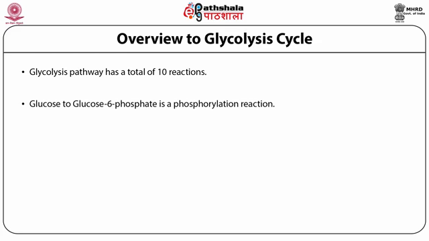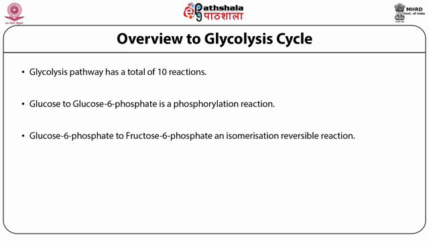Glucose to glucose 6-phosphate is a phosphorylation reaction that requires energy from ATP. The reaction is irreversible and it is catalyzed by the enzyme hexokinase. For your information, hexokinase is the enzyme that initiates glycolysis in muscle, brain and other vital tissue, while glucokinase is the enzyme that does a similar reaction but in liver and pancreas.